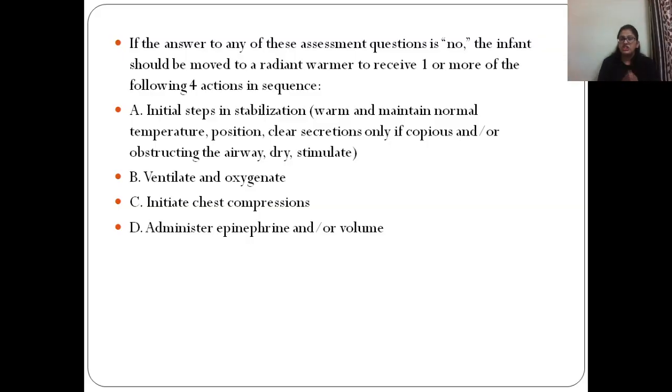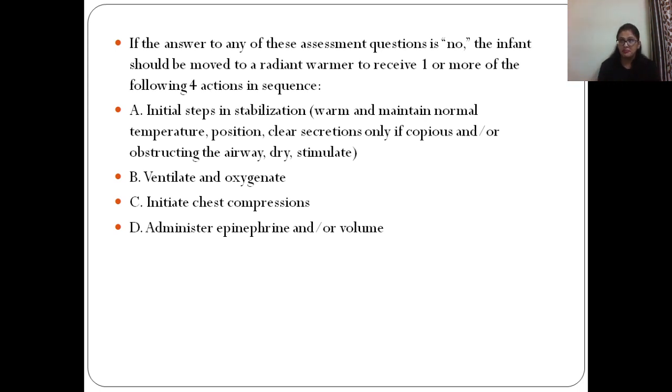So the initial steps in stabilization, that is maintaining a warm and normal temperature, positioning, and clearing of secretions when they are copious, so that the airway is clear and there is no obstruction, are carried out in the radiant warmer.